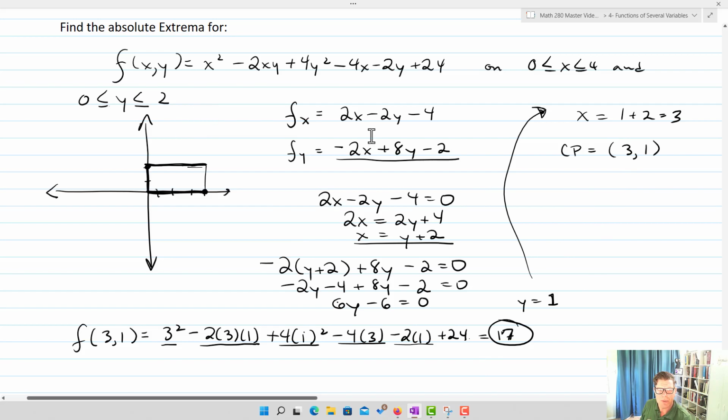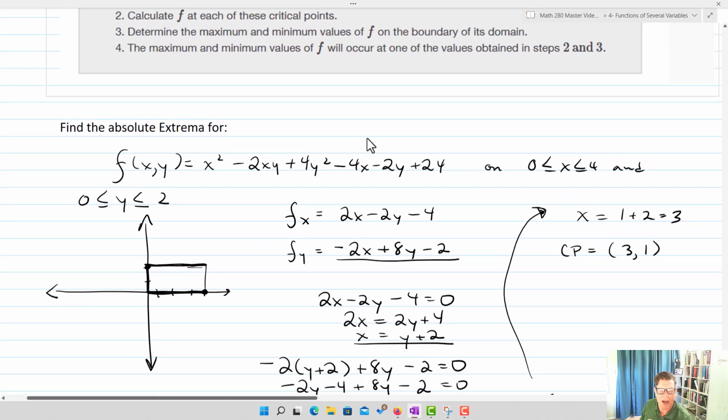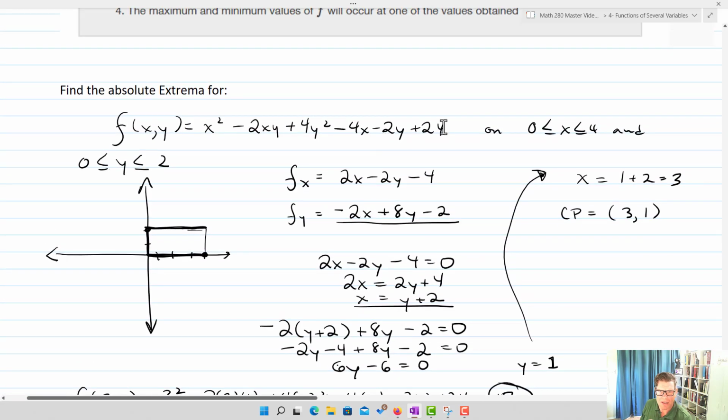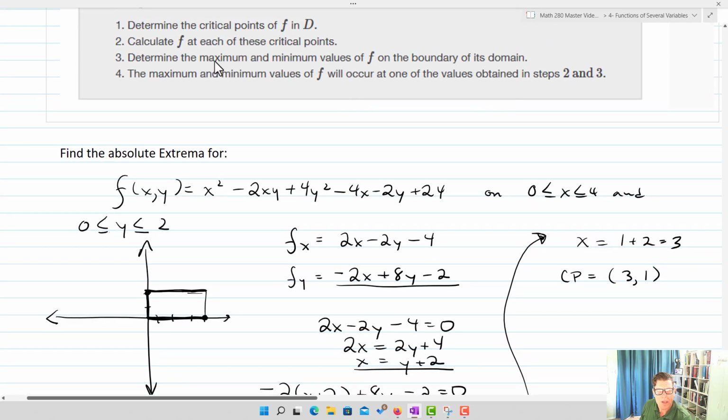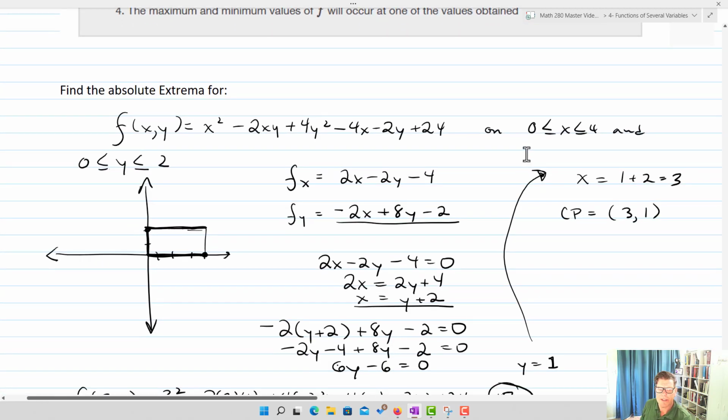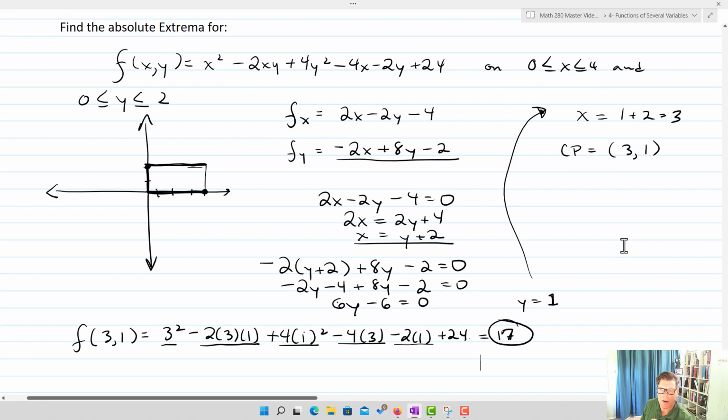Now we need to figure out what the absolute maximum is. Determine the maximum and minimum values of f on the boundary of its domain. The boundary of its domain, we've got 0 to 4.